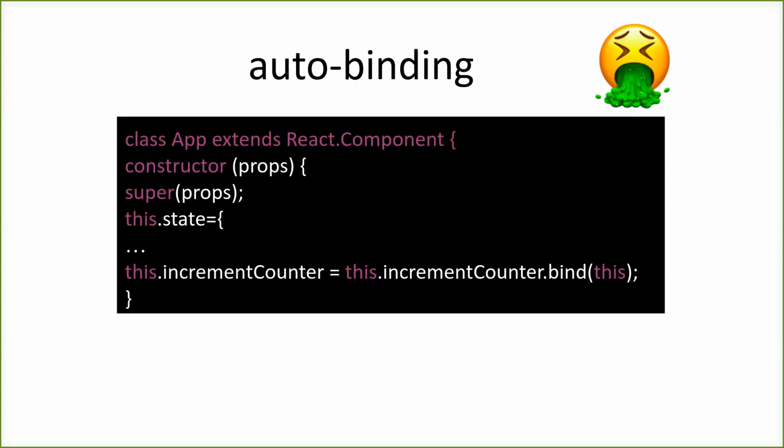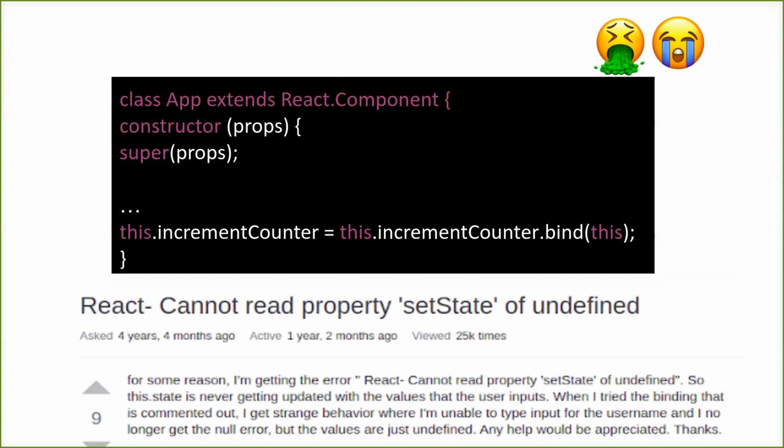For any of the functions to be used in your React component, you had to explicitly bind those functions within your constructor. And if you failed to do so, you would get this very famous error. I have got this so many times until I knew the workaround. It was kind of irritating at first because there were so many functions that I was trying to use in my component and I had to explicitly bind all of those in my class.